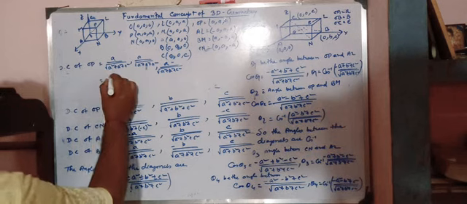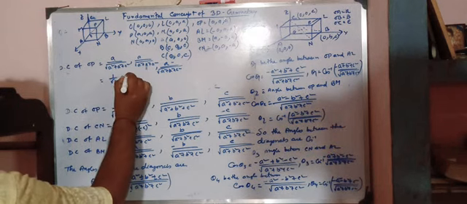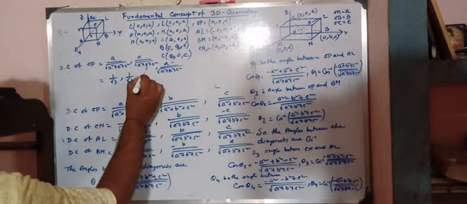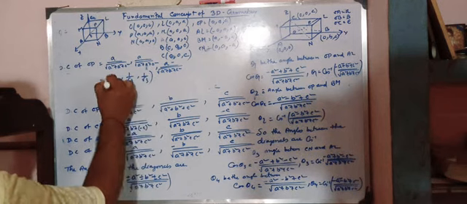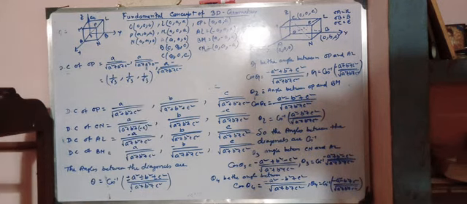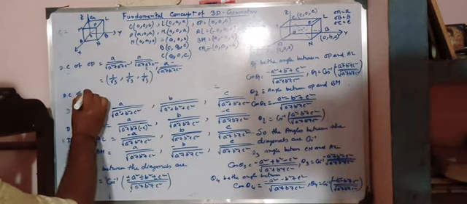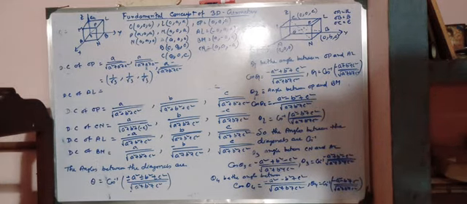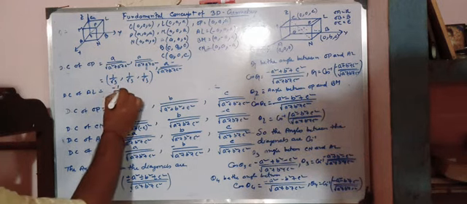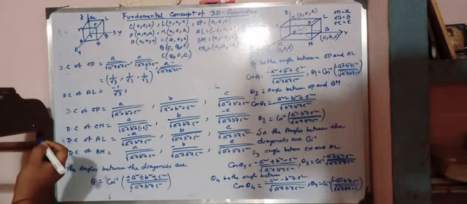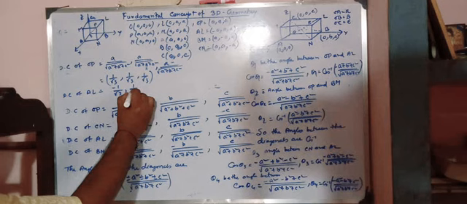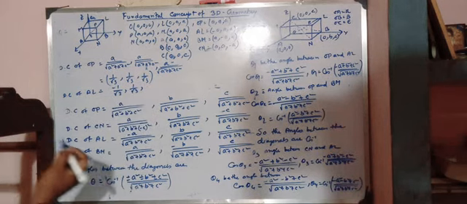If you calculate that, it is 1 by root 3, 1 by root 3 and 1 by root 3. So this is the direction cosine of OP. Similarly, the direction cosine of AL is minus 1 by root 3, 1 by root 3 and 1 by root 3.